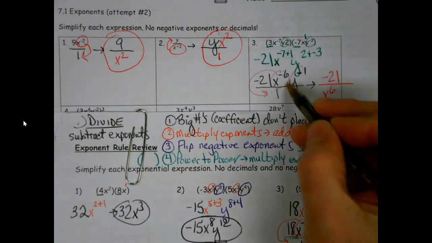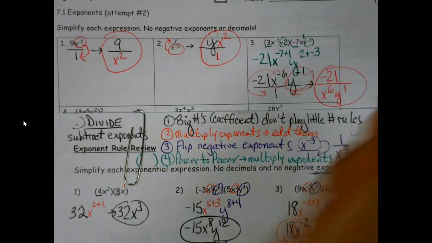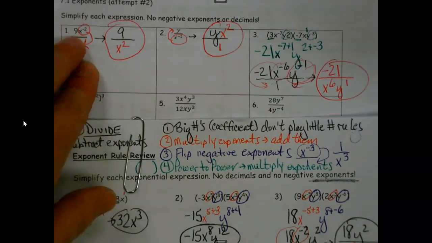Y to the negative 1, whoop, down to the bottom. And we're off and running. No negative exponents. Okay? Negative coefficients, the big numbers? Sure. But those are the types of things we're looking for. If I follow the rules down here on my help sheet, even if I didn't have any of the rest of the stuff below it, that should help me out. All right, let me move this up a little.